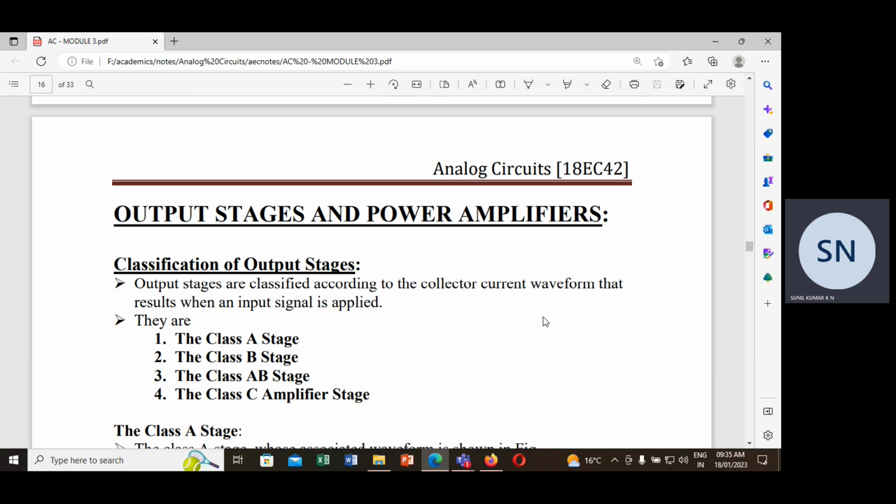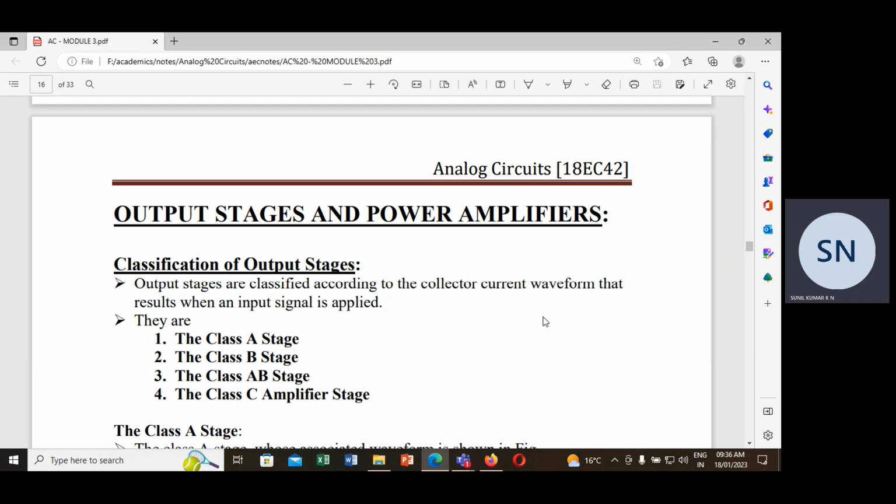Like that, in the previous case we dealt only with V and I. Now we are going to deal with both voltage and current to give an output stage, which is nothing but a power amplifier. The product of V and I is nothing but a power signal. So in this we are going to learn about power amplifiers.